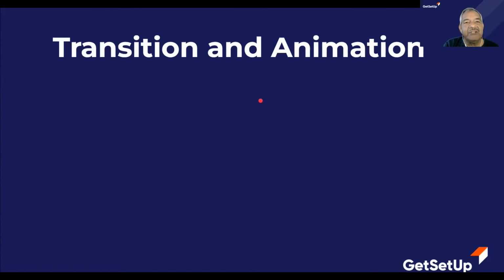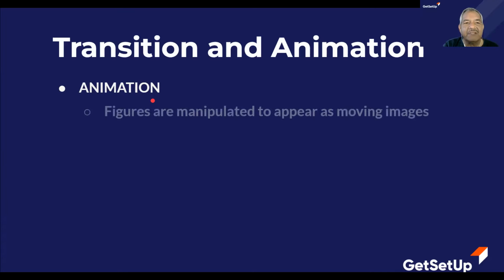A little bit of information again on transition and animation. They sound very similar, but are not to be confused with each other. Animation is something which is applied to any figure, and what animation does is it manipulates that figure to appear as a moving image.